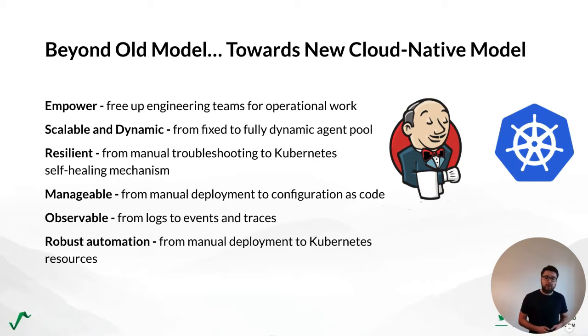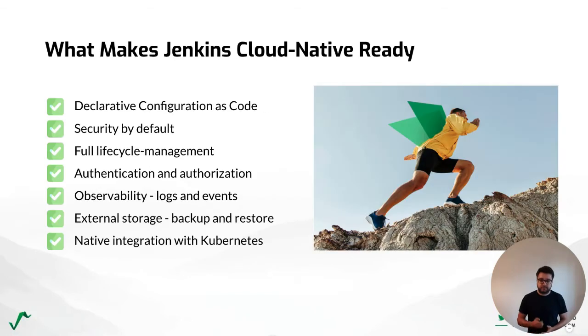We want to automate the manual deployment and use Kubernetes resources. So use all these capabilities which are already built in the platform instead of writing our own automation layer on top of that.